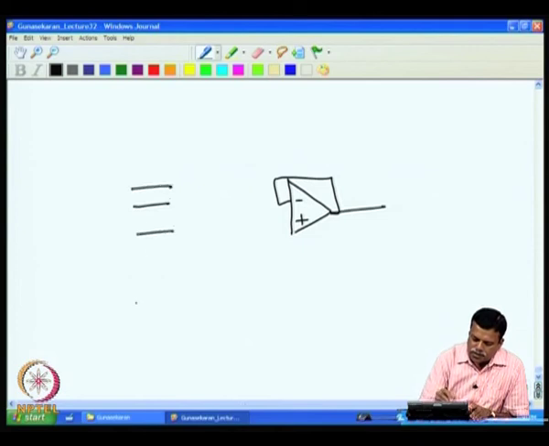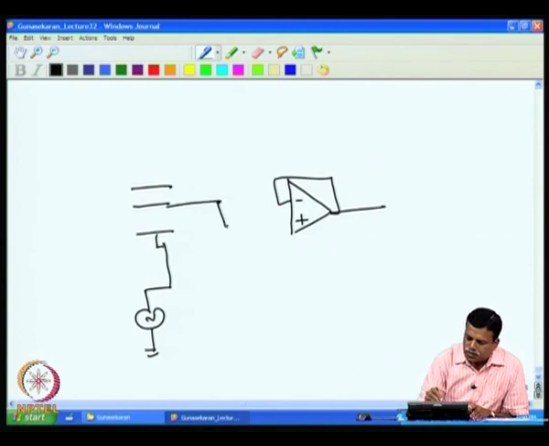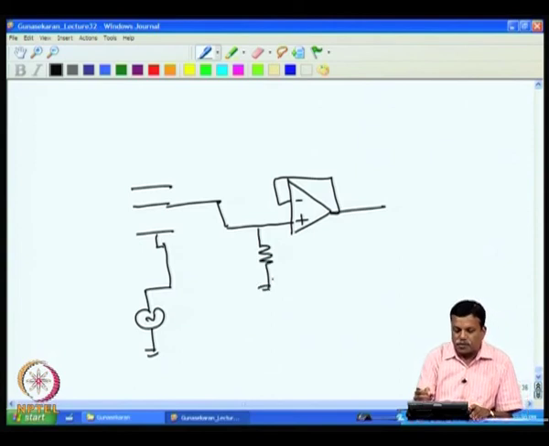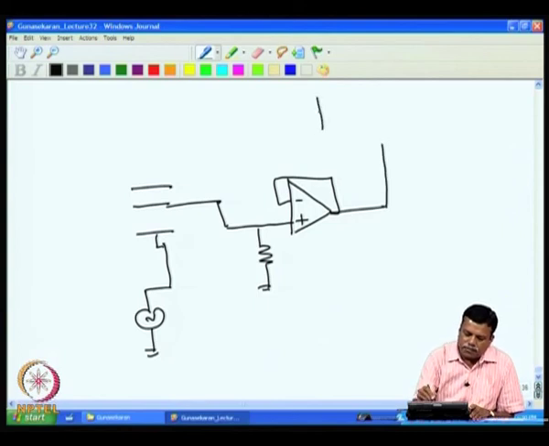I have the source here, I connect the source to this one plate, and this I connect to this. For bias current, I put this resistance at the input. Then whatever output voltage I am getting can be amplified. For example, I can have an amplifier here.